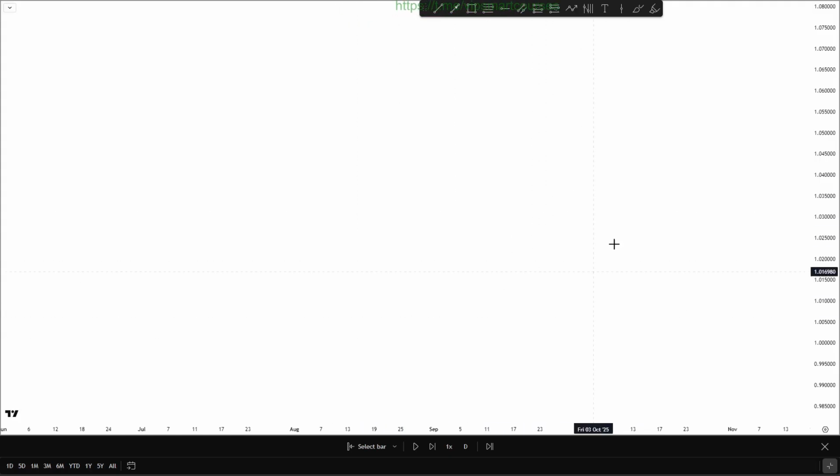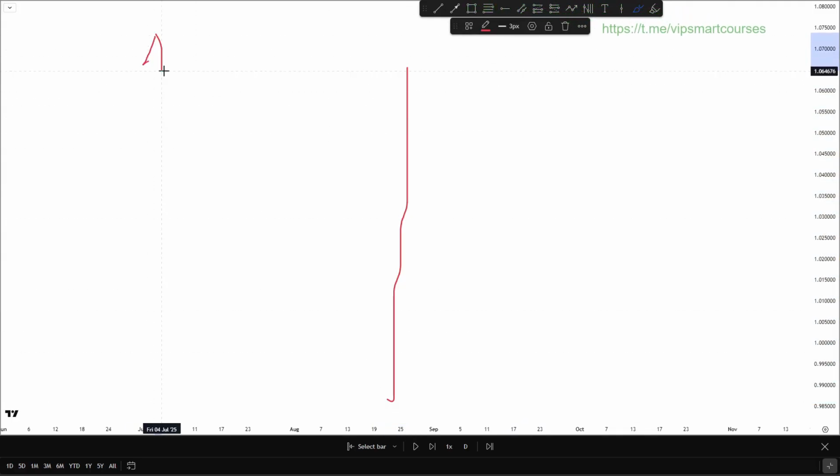Now let me show you some examples. Let's say we've got these two correlating assets, asset A and asset B, and they are moving in this sort of fashion.